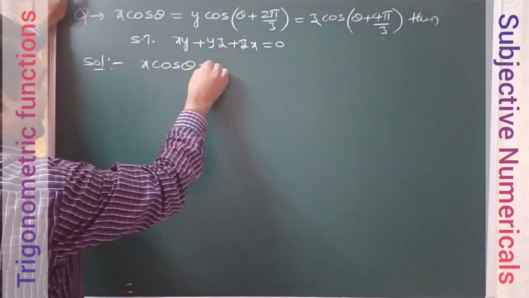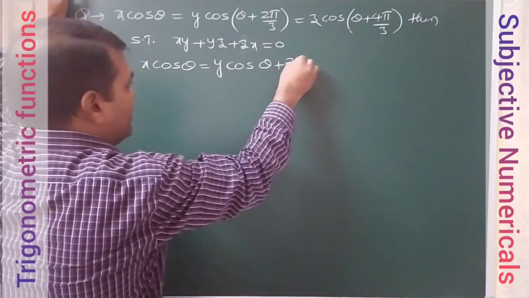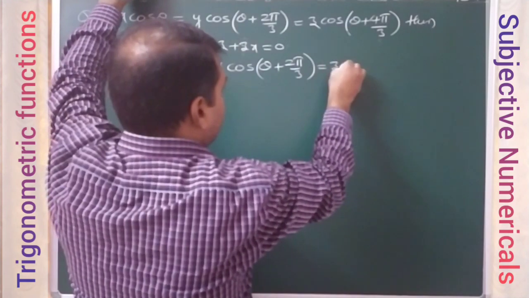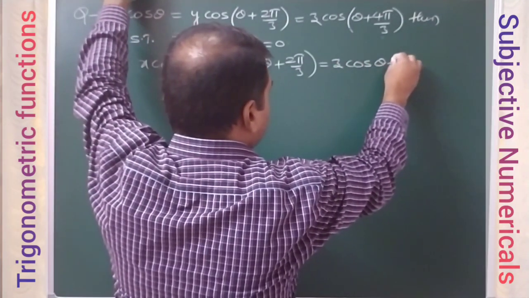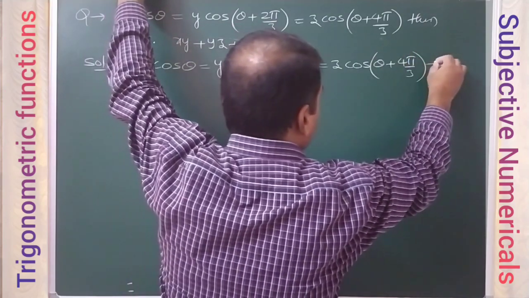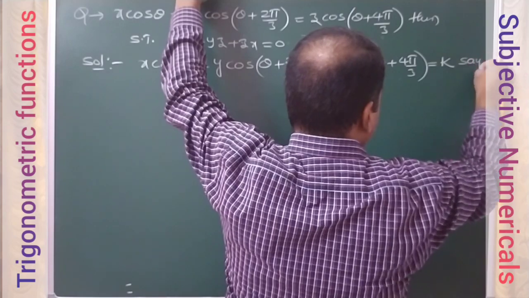X cos theta is equal to y cos of theta plus 2 pi by 3, that is equal to z cos of theta plus 4 pi by 3 is equal to some constant k. K is some constant.